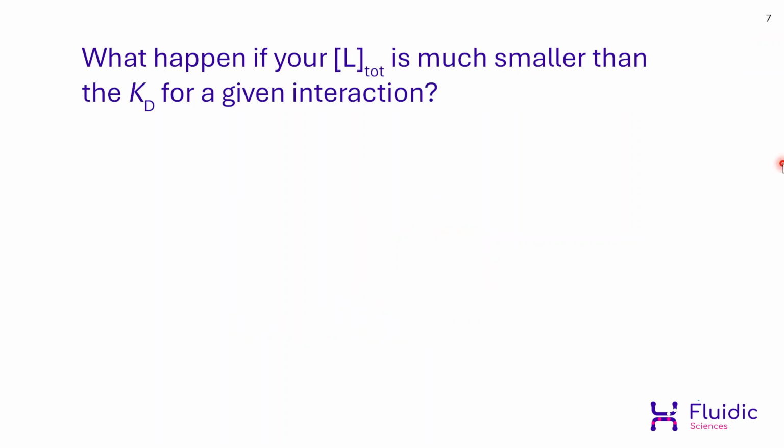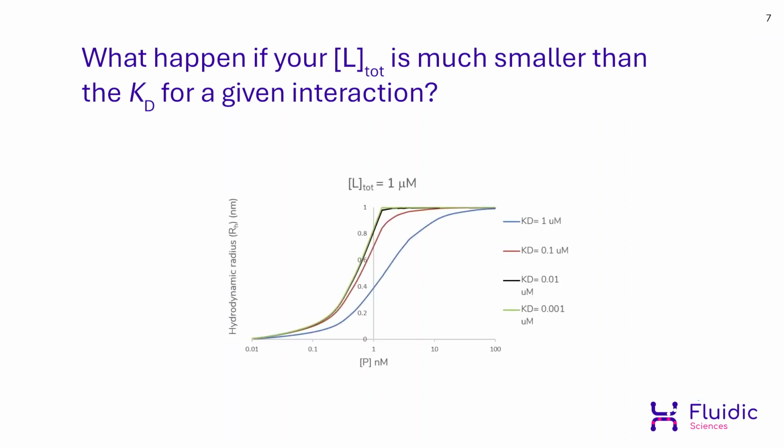So in this set, the KD values for each of the curves are lower than the total ligand concentration. In other words, the protein concentration we're plotting is far lower than that of the KD. So where the curves represent a protein interaction, with a KD of 0.1 micromolar or 0.01 micromolar, the curves are very close together.